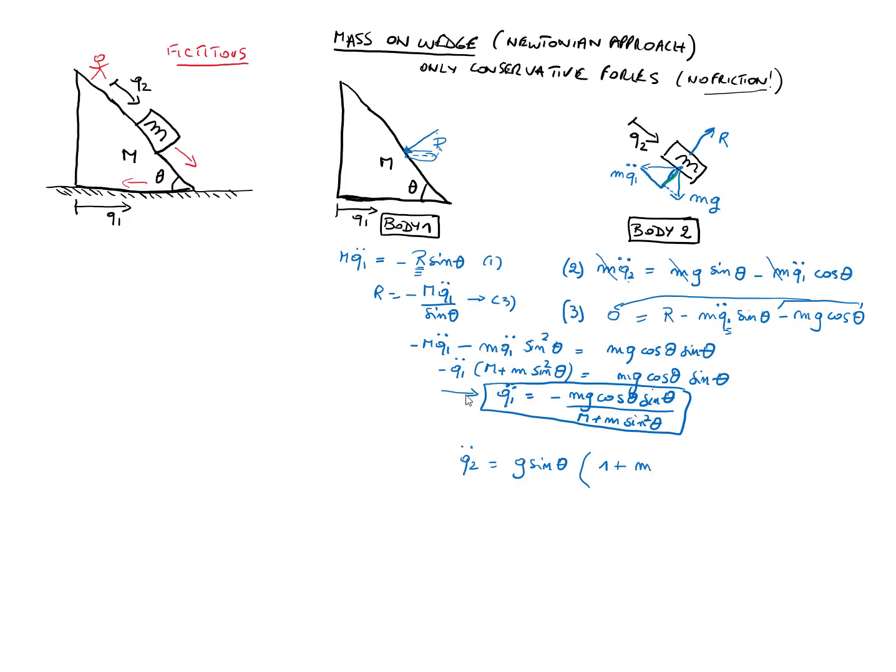There is a cos theta here, so it gives me cos theta squared divided by M plus m sine squared theta.